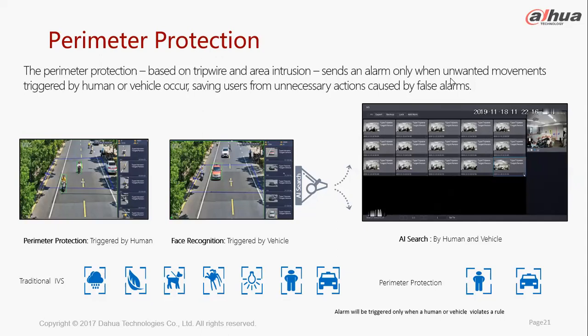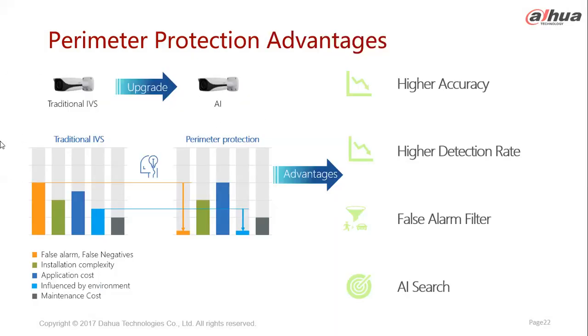Another function of the NVR is perimeter protection. I think most of these functions are a repetition of what we talked about before, because most of you know what perimeter protection is. Perimeter protection in the AI NVR can be done based on tripwire, intrusion, etc. So it's more of the same in the NVR.